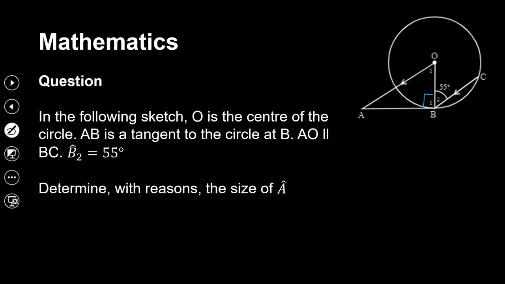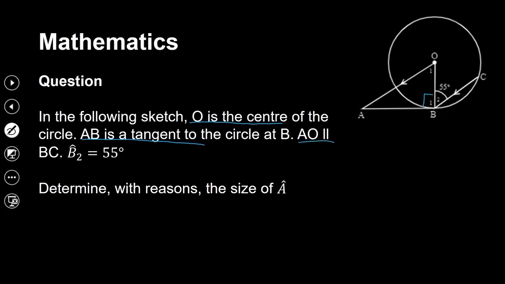If I did not say that, you do not even think about a perpendicular relationship between the two. But for now, I did tell you. So this is important. I also tell you that AB is a tangent. Automatically, you can see my 90 degrees as I've shown you there.